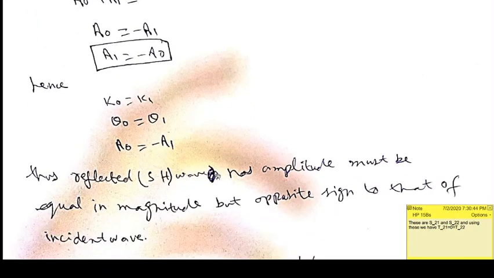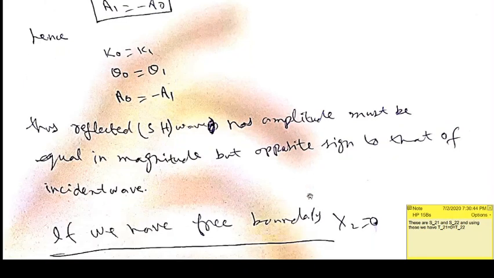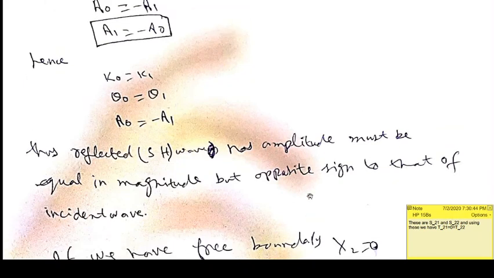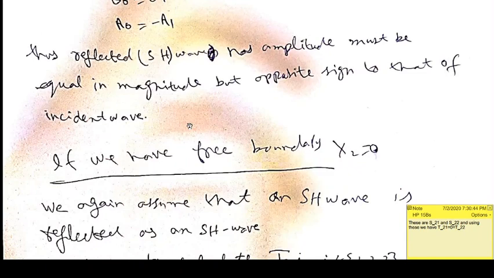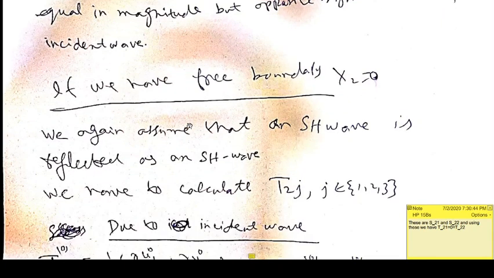So we have a reflected SH wave with amplitude equal in magnitude but opposite in sign to that of the incident wave. So if you have a clamped boundary, these will be the same, but a phase shift of 180 degrees will occur due to this.